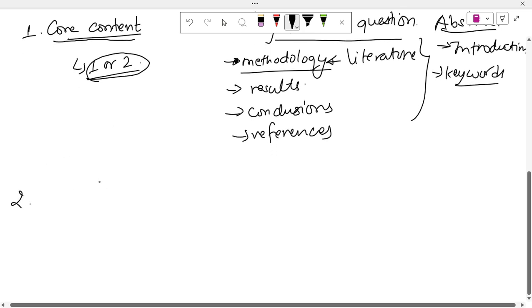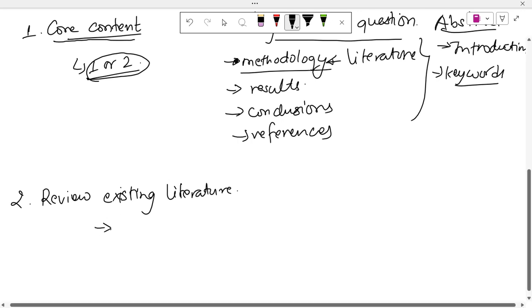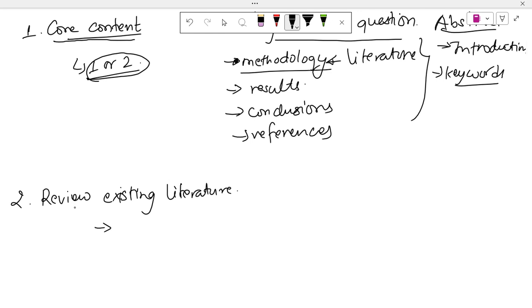Next is to review the literature. Since you did your thesis long ago, I'm assuming, you need to review the existing literature. If you are up to date, you don't need to, because you already are.